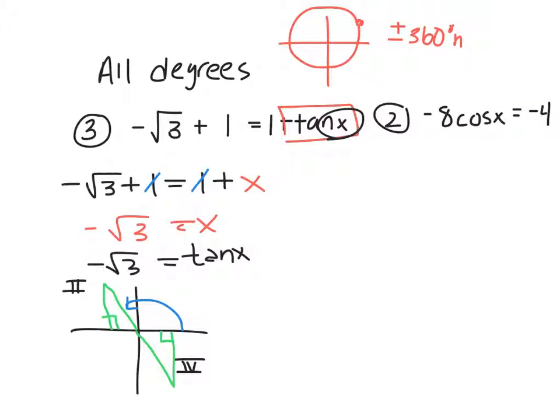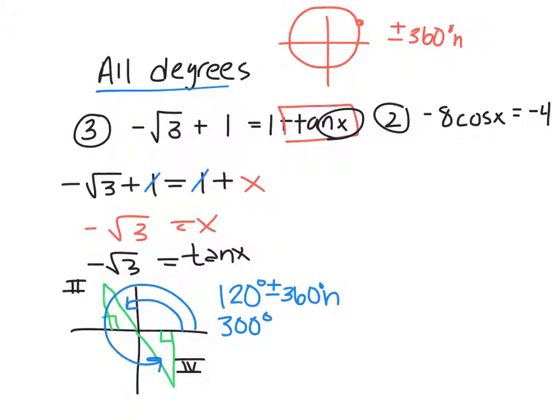And this time I'm answering degrees, so I need to figure out what both of these degrees are. So the first one is going to be 180 degrees minus 60, so that's 120 degrees. The second one's going to be 300 degrees. But I need to answer in all degrees, so I'm going to do plus or minus 360 degrees n, and then plus or minus 360 degrees n.